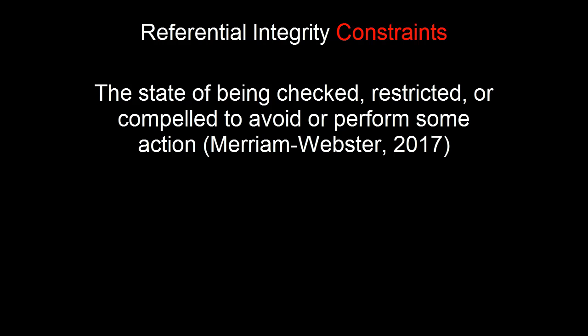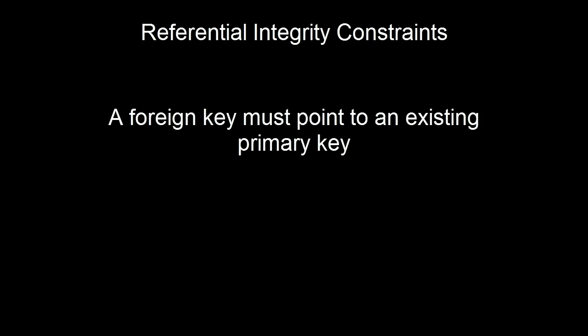This definition of a constraint helps us understand the referential integrity constraint better. We've seen how foreign keys reference primary keys, and referential integrity ensures that the integrity of those relationships remains. It's kept intact.